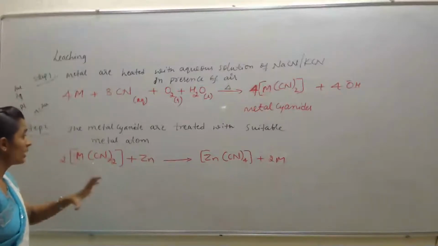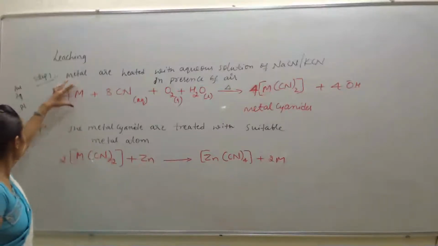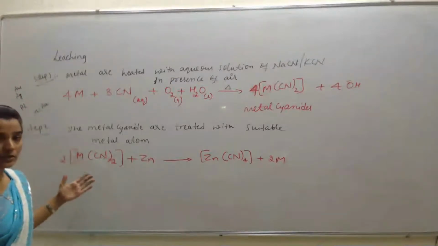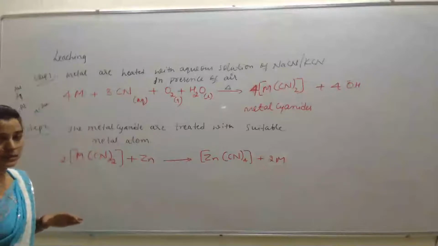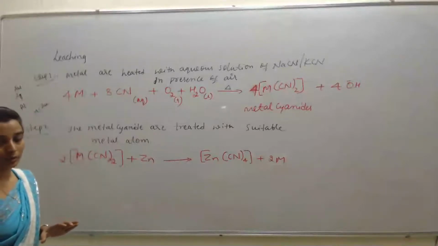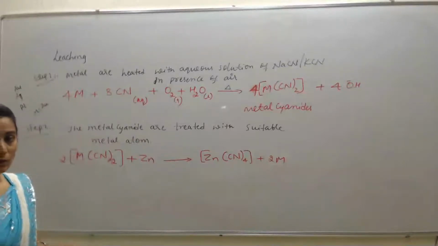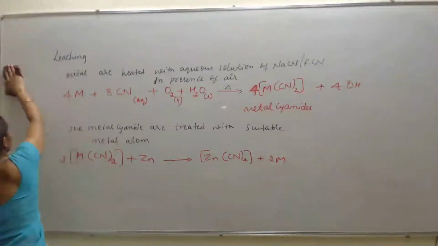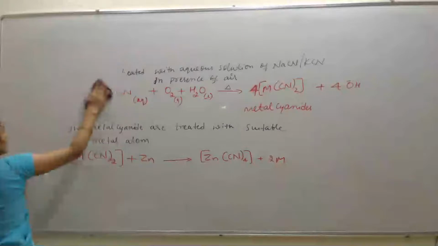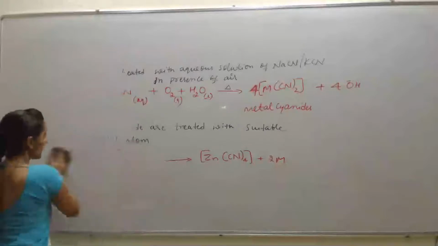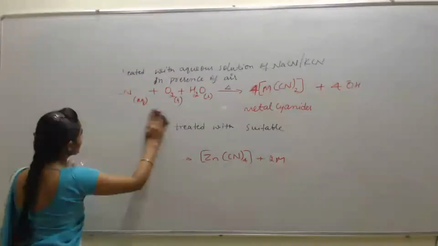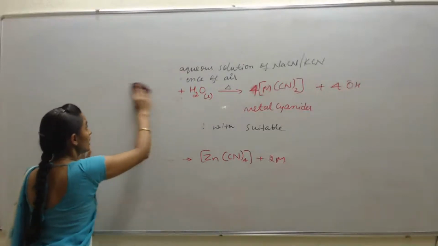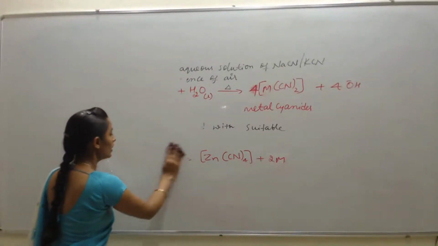Your homework again I will repeat: replace this M by Au, Ag, platinum. Write the 3 equations for different metals and send it to me in the group. So this is all about the concentration of ore, the first process of metallurgy. The first 3 methods are important for 2 marks. This is very important for 3 marks, and this must be the expected portion.